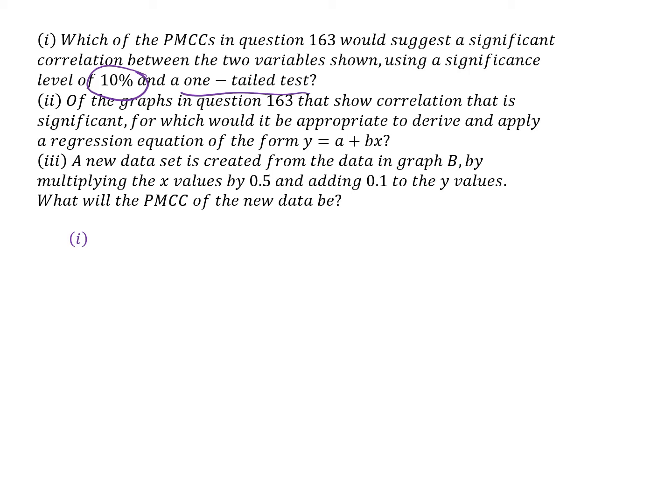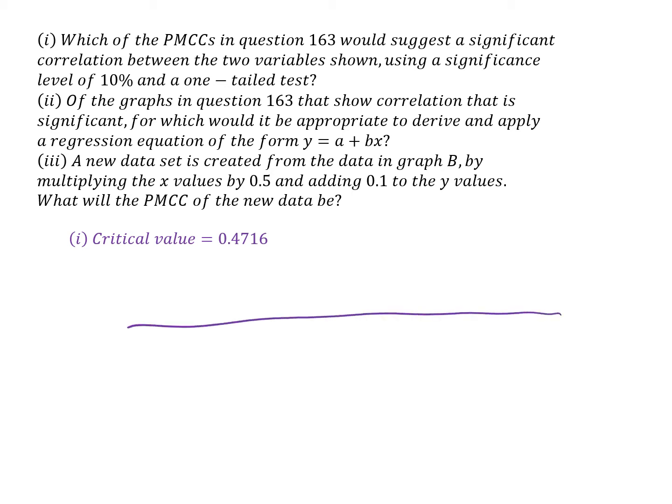When you look in the tables, the product moment correlation coefficient critical values, you find that the critical value is 0.4716. So if you think of the product moment correlation coefficient being a number that can be anything from -1 to 1 with a 0 in the middle, then the critical values are 0.4716 and minus 0.4716.